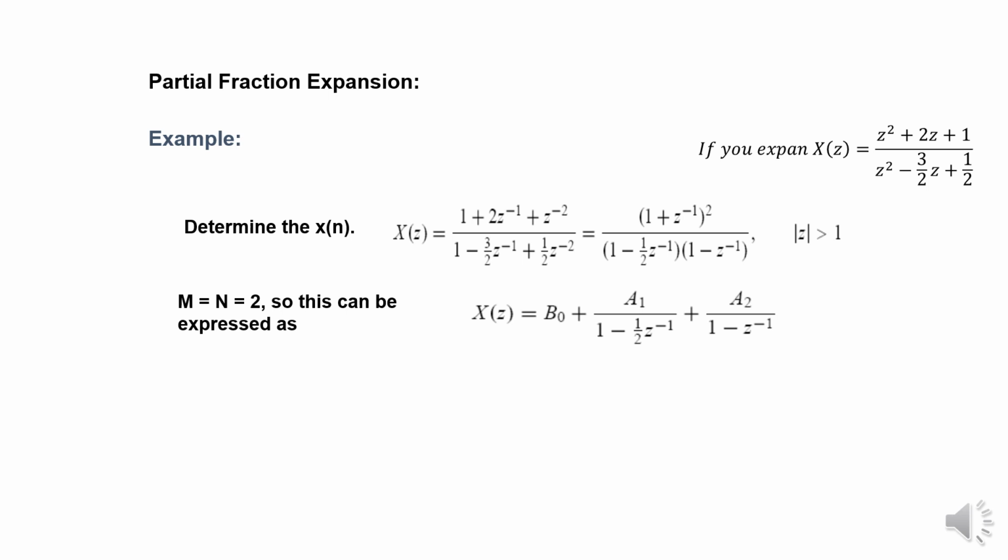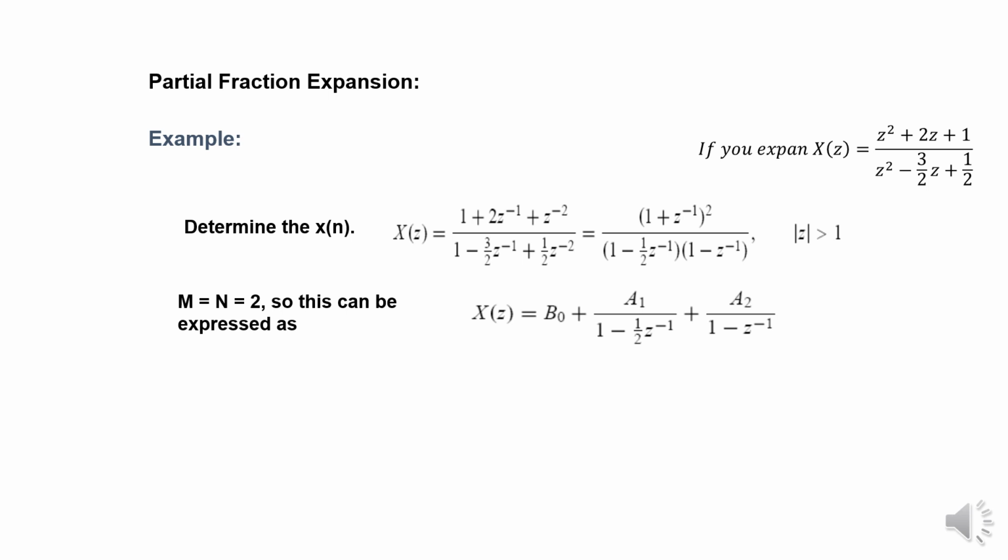If we know A1, A2 and B naught, we can directly find the inverse Z transform. But here we don't know the B0, A1, A2 values, so our next task is finding A1, A2 and B0. We are still in the process of finding partial fractions.